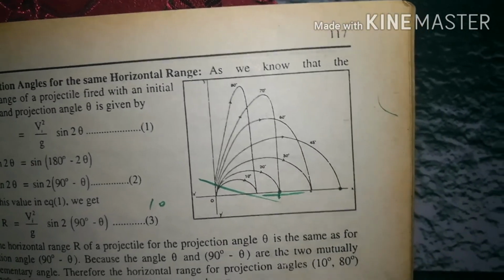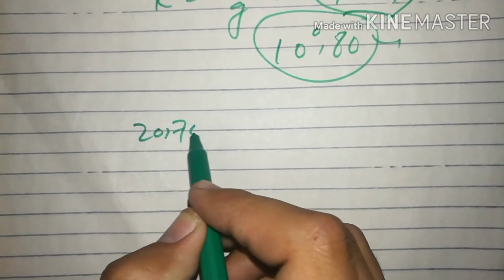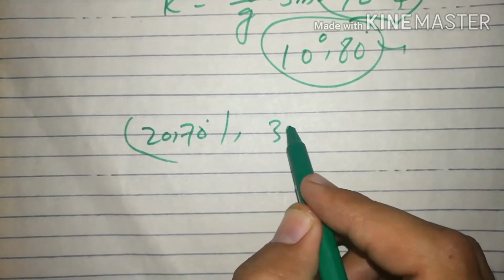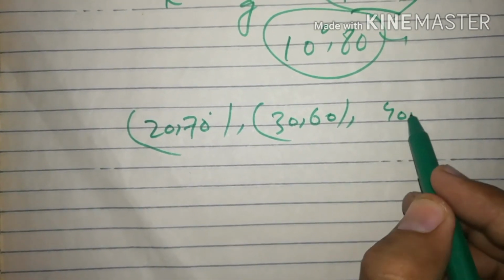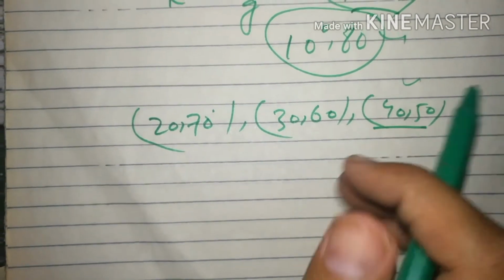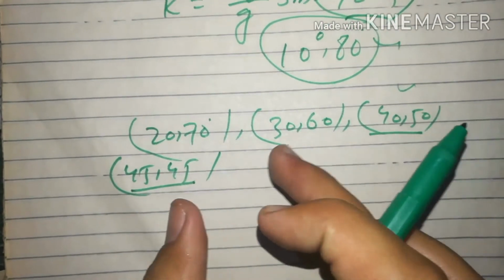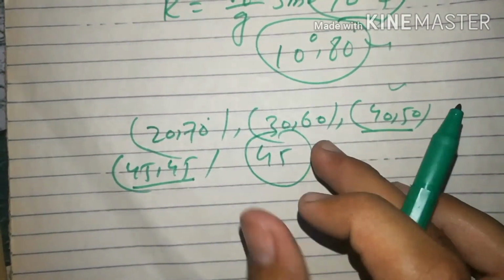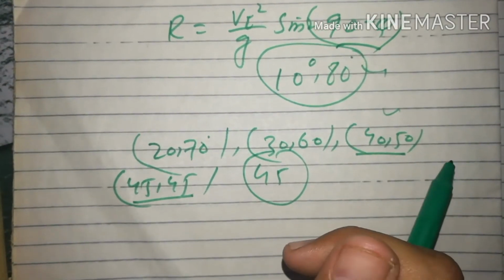Okay, so from the figure 20 and 70 have the same range for the projectile, 30 and 60 the same range, and 40 and 50 the same range for the projectile, and 45 and 45 have the same range for the projectile, and 45 is that angle of the projectile at which the horizontal range is the maximum.